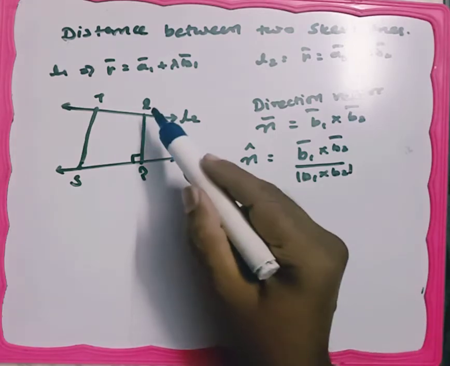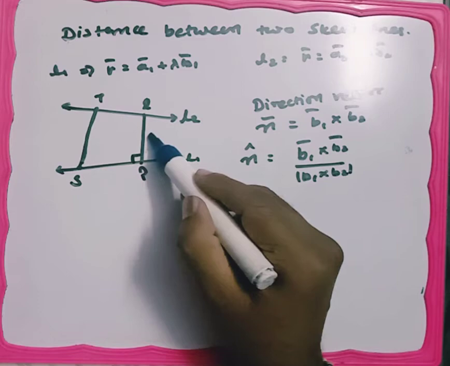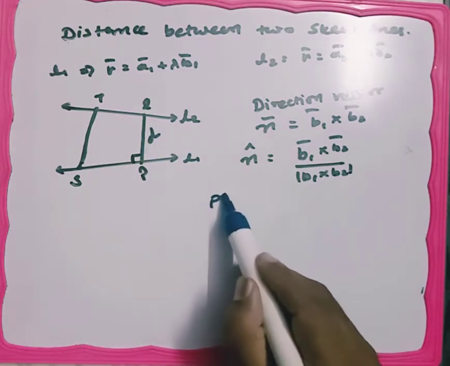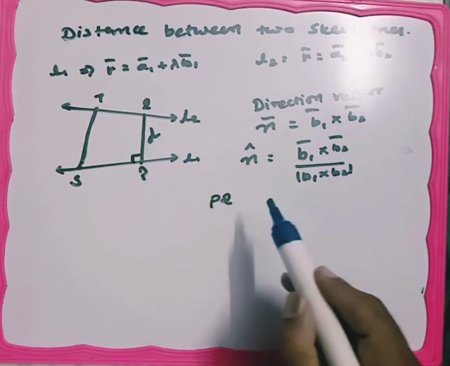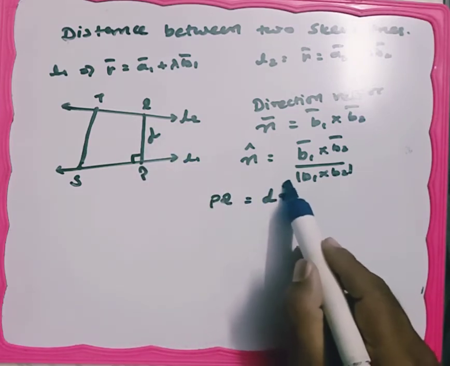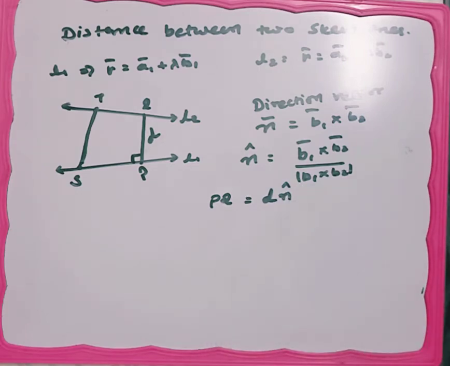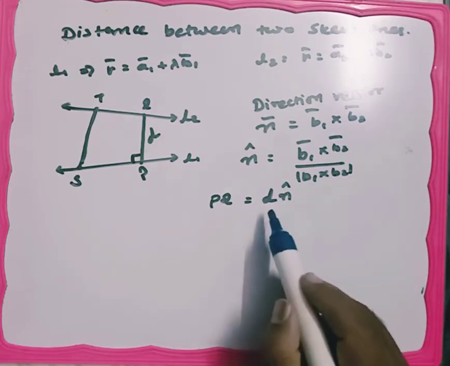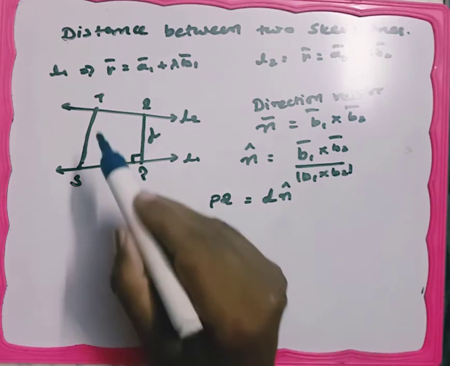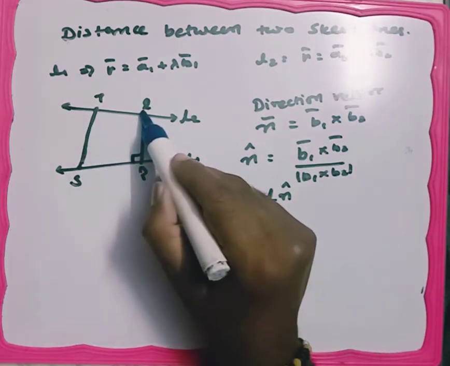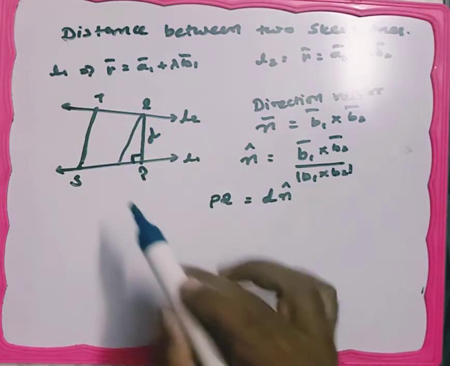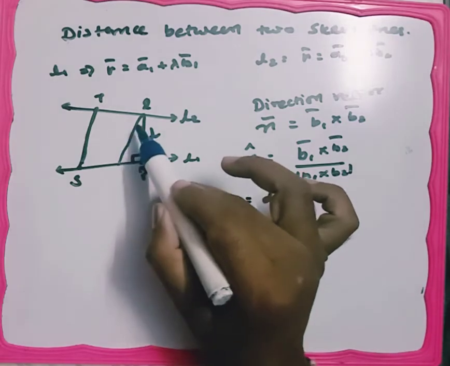So if the shortest distance is D, then the magnitude of PQ is D, and PQ will be given by D n caret, where D is the magnitude of the shortest distance. Now suppose the projection of ST makes the angle theta between ST and PQ.